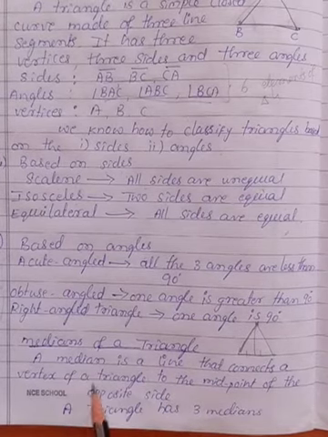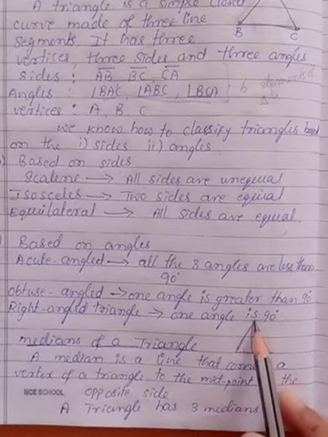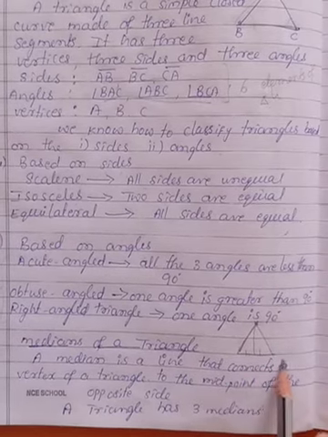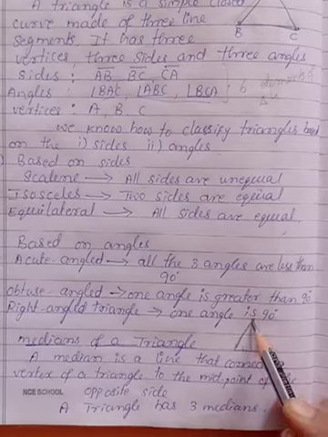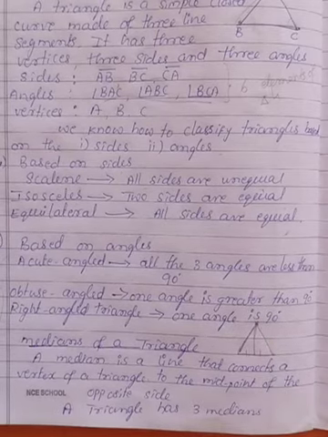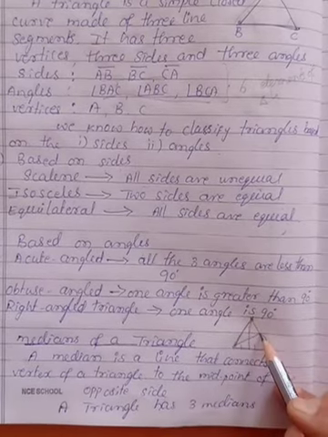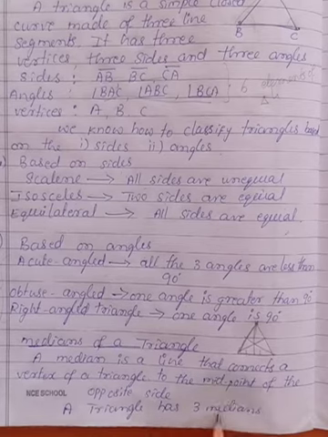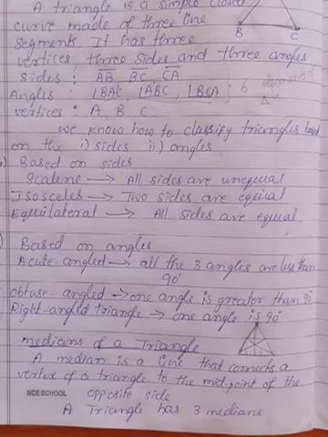So a line that connects a vertex and the midpoint of the opposite side is called a median. How many medians can we draw in a triangle? Three medians we can draw. Clear? It is one of the special elements of a triangle.